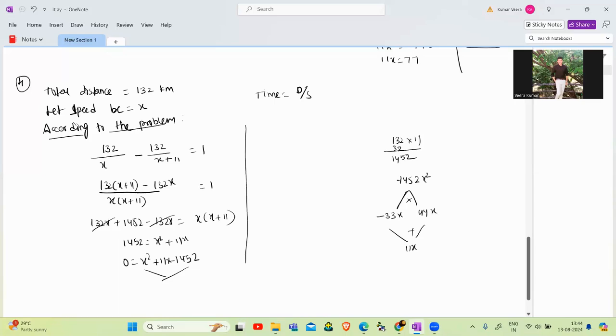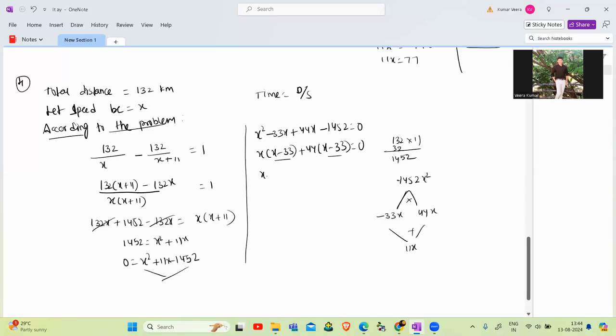Now replace the middle value, that is plus 11x. In that place you write minus 33x plus 44x minus 1452 is equal to 0. So x you take common, x minus 33. Here 44 you take common, x minus 33. What comes in the first bracket, the second bracket also will be the same.